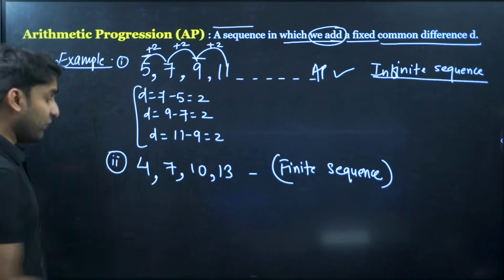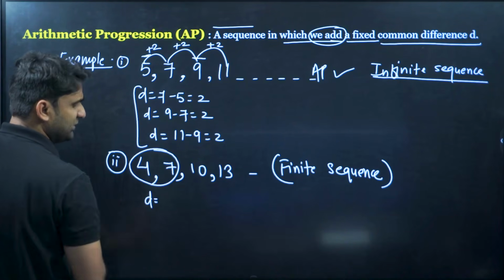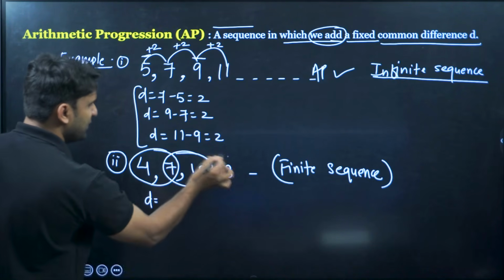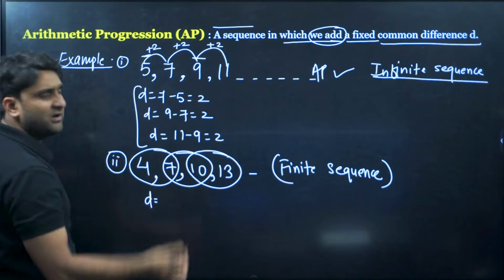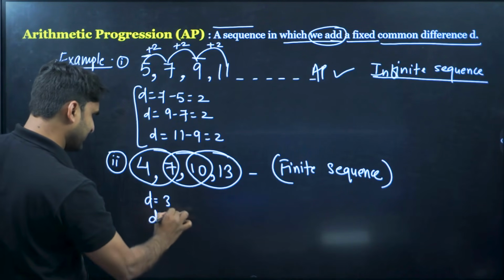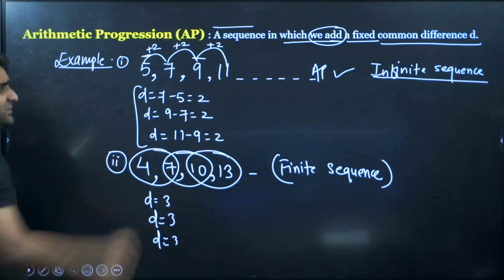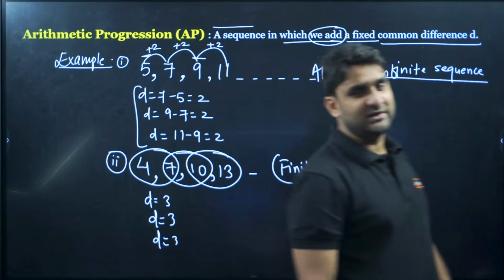Now what will be the common difference? 7 minus 4, you can pick these two, you can pick this pair, you can pick that pair. The result will remain the same. 7 minus 4 is 3. 10 minus 7 is 3. 13 minus 10 is equal to 3. So this is basically an AP. I hope you guys are getting my point.